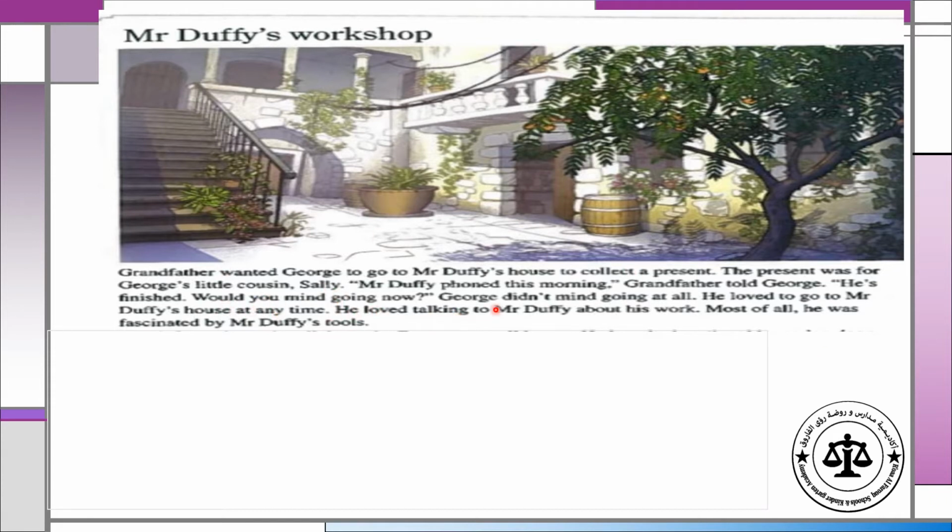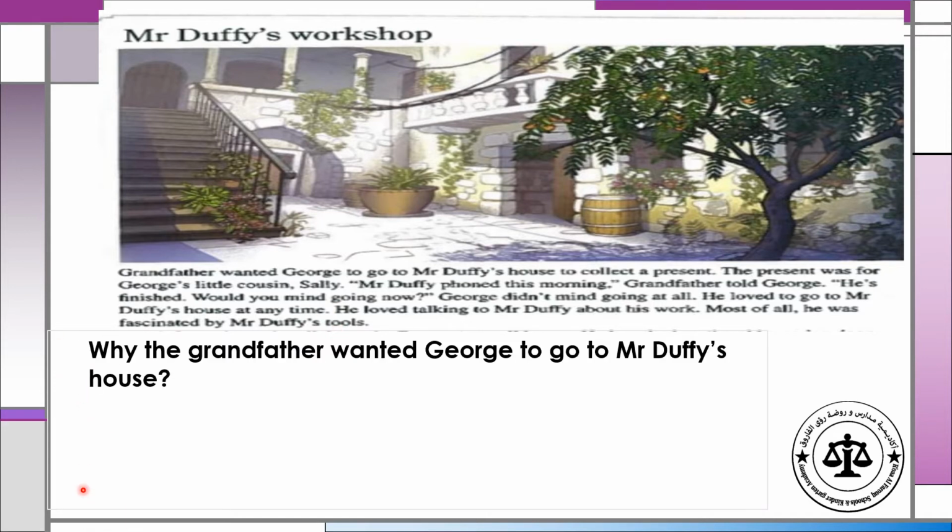He loved talking to Mr. Duffy about his work. Most of all, he was fascinated, كتير مبهر أو معجب به, by Mr. Duffy's tools, بأدوات, and equipment تاعون Mr. Duffy's بالworkshop تاعته. So, look at these two questions. Why did the grandfather want George to go to Mr. Duffy's house?